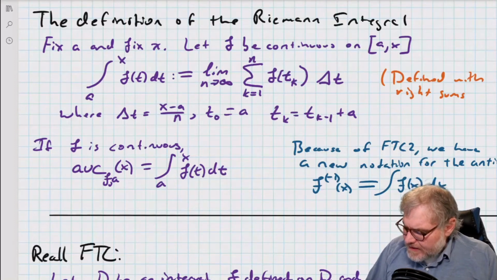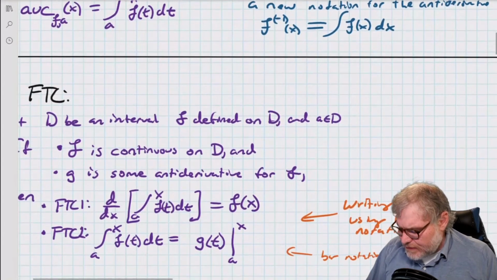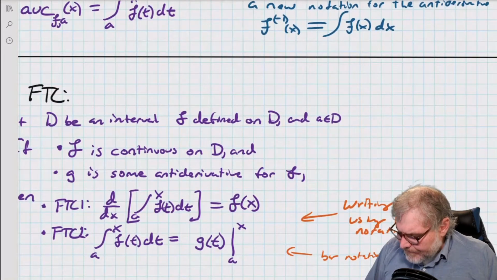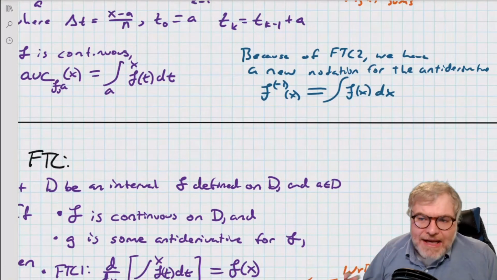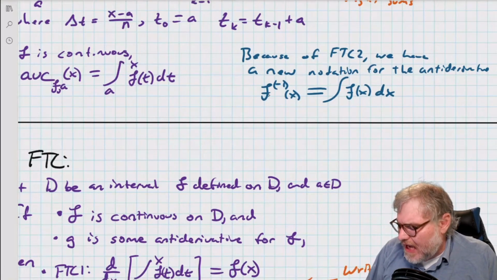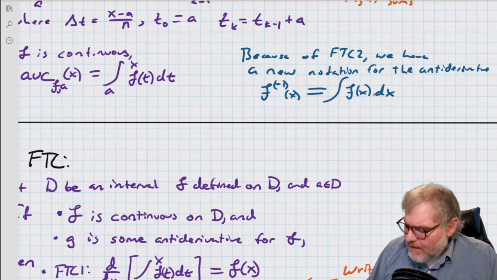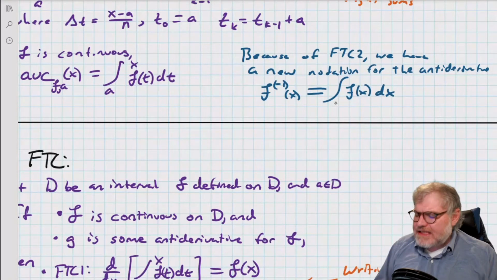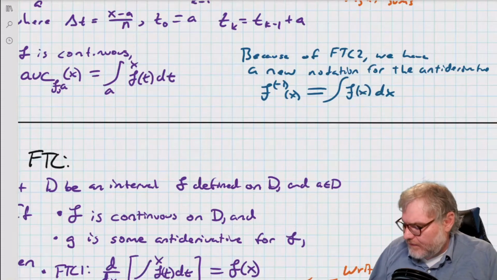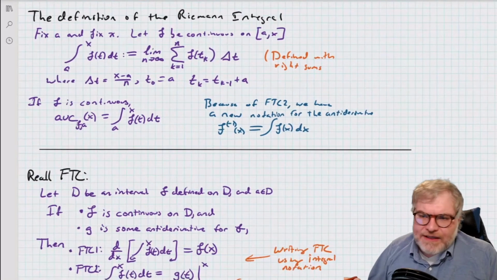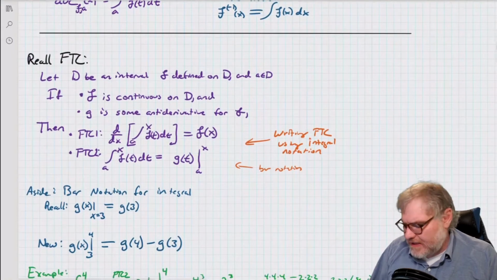And because of this, remember I have the fundamental theorem of calculus part 2, which says that if g is some antiderivative, well, then I might as well just use this notation. So instead of saying f negative 1 of x, we have this elongated S, the integral of f of x dx with no endpoints. That's the indefinite integral. So that's just another notation for the antiderivative. The indefinite integral, the antiderivative, two words for the same thing, and two notations for the exact same thing.